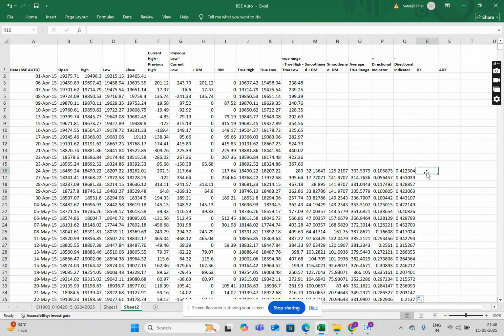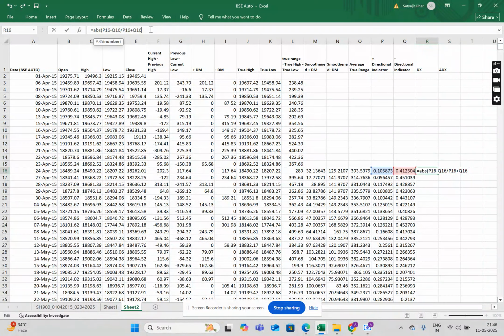Fine. Now we have the directional index, which is the absolute of positive DI minus negative DI divided by positive DI plus negative DI. Very simple.